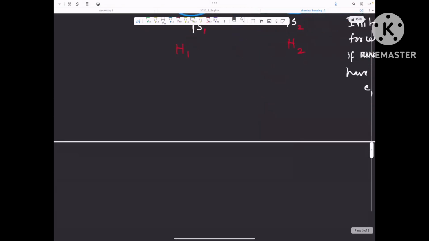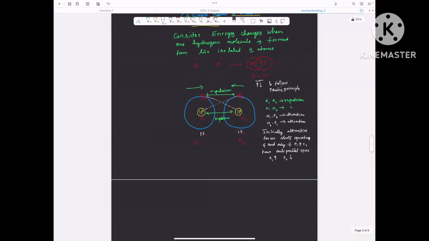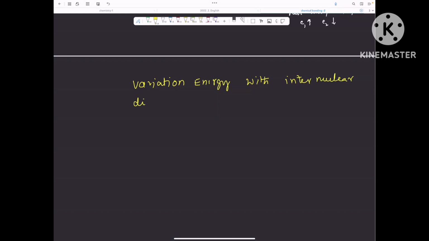Now let us make an energy diagram. So, variation of energy with internuclear distance.